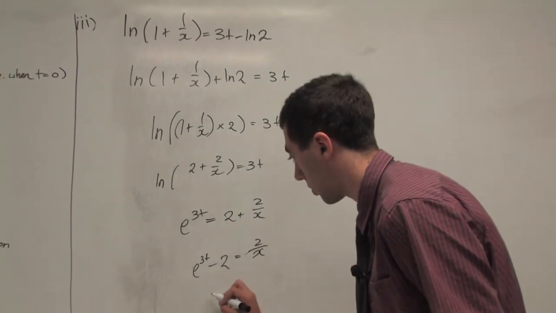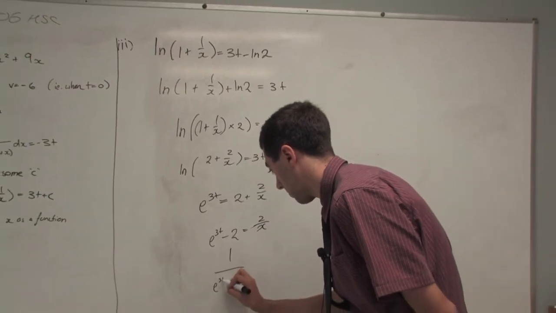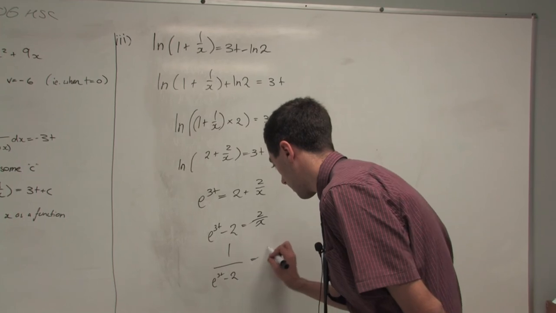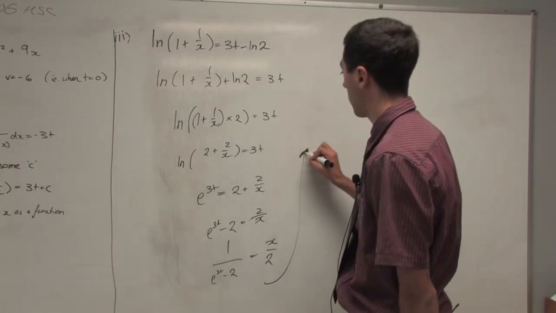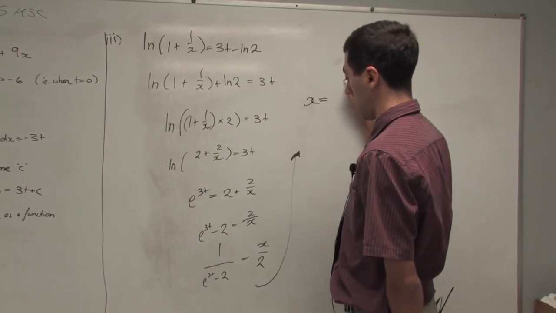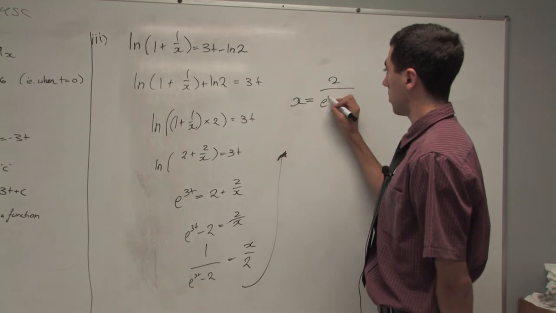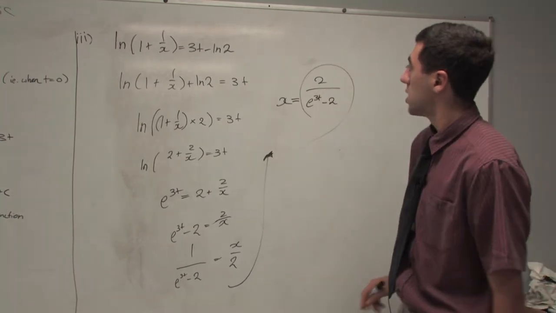And now I'm going to flip both sides. And finally, I'm going to bring 2 from the right-hand side and multiply it. So therefore, we get that x is equal to e to the 3t minus 2. And that's it.